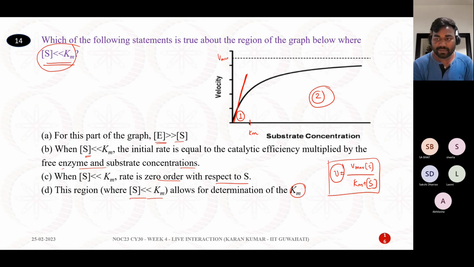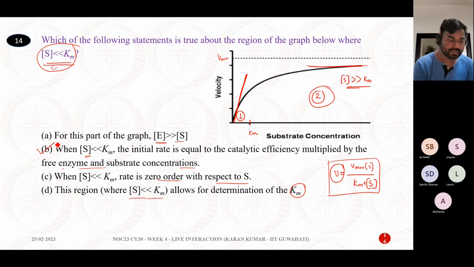But in the second part, the Michaelis-Menten kinetics will not hold. It will break at the substrate concentration much greater than the Km. So there it will follow the zero order, meaning the velocity is not depending on the substrate concentration. So it will hold in the first part.